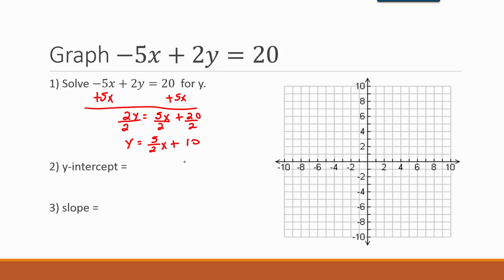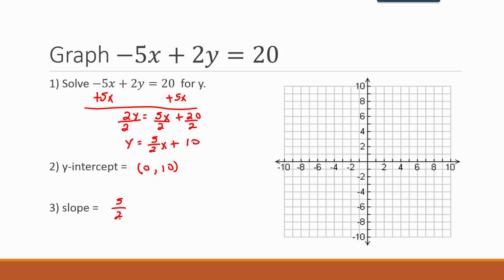So again, we are now in that slope-intercept form, so now I can identify my y-intercept, which is the positive 10, which is (0, 10) in ordered pair form. And I can identify my slope, which is the number that's being multiplied by x. It's 5 over 2. And this time it is already in fraction form.